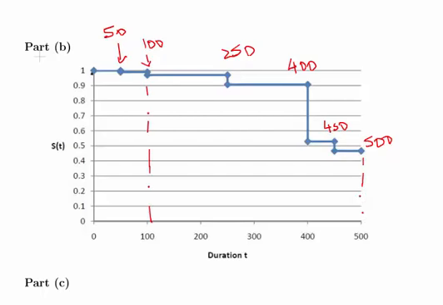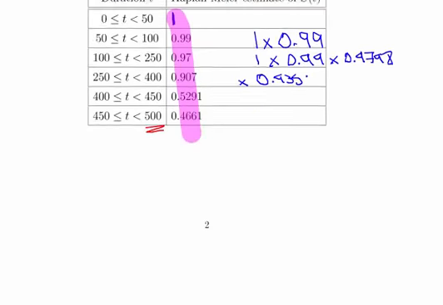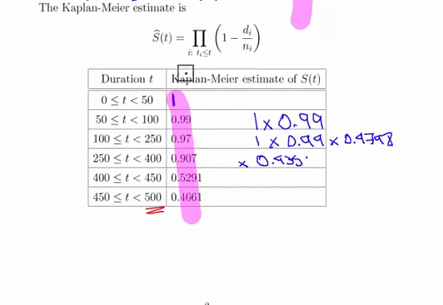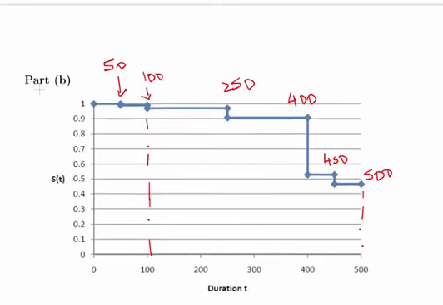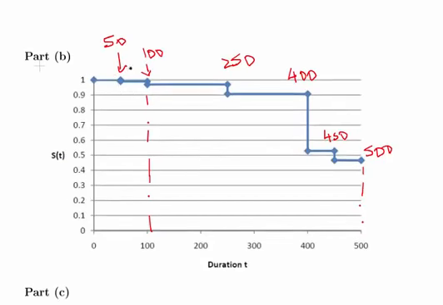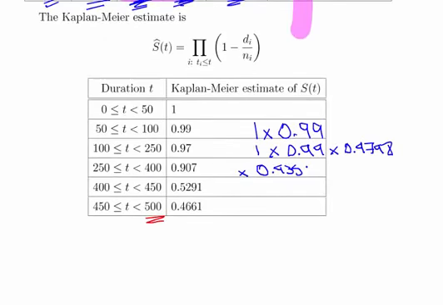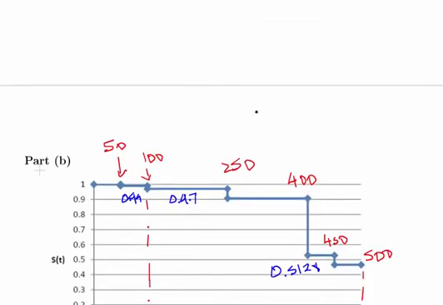Okay, and essentially the heights of the step function are these numbers here. So, for example, this drops to 0.99 here, 0.97, and so on, until we get down to here, 0.5128. Alright, 0.5291 even, okay.